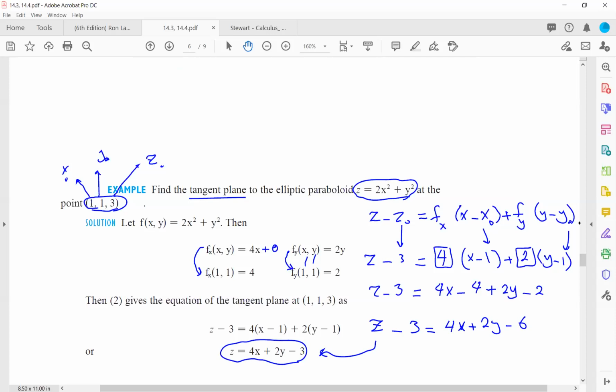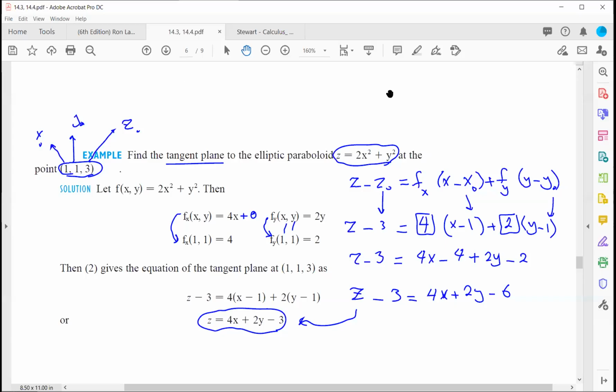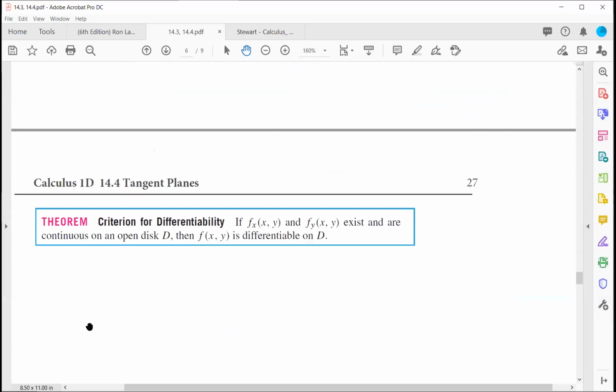Equation of tangent plane to the surface. Very well. Let us move on to the next page.